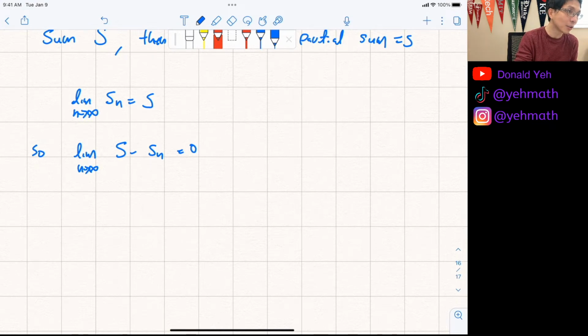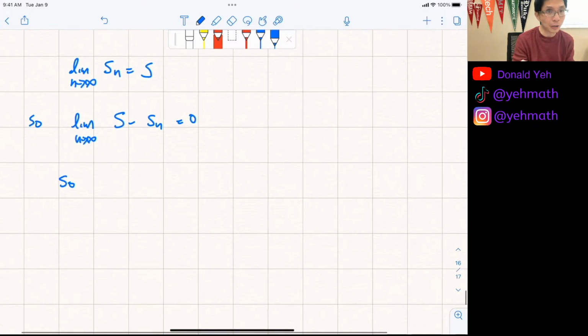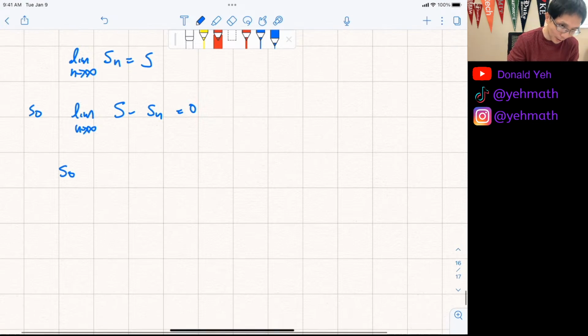But you don't always reach infinity, so we need to consider the case that doesn't reach infinity. If it reaches infinity, it's going to be the whole sum, so they subtract each other and you get 0. That's the only thing that statement says.